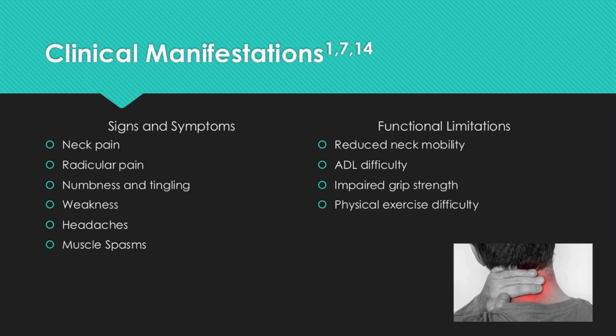Due to the compression of those nerve roots, the person may experience numbness and tingling, as well as some muscle weakness due to disrupted signals responsible for muscle control. We have headaches, which can be due to irritated nerves and muscles connected to the base of the skull, which may lead to cervicogenic headaches. We have muscle spasms that are due to muscle tightness, which can be an attempt to protect the area.